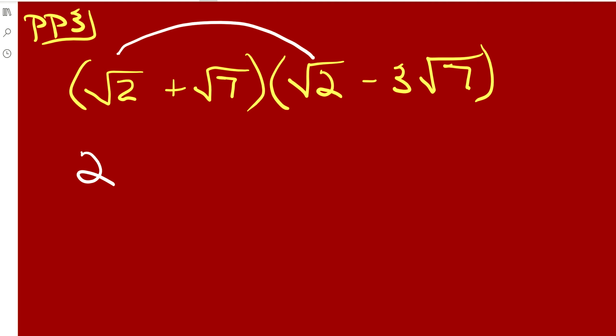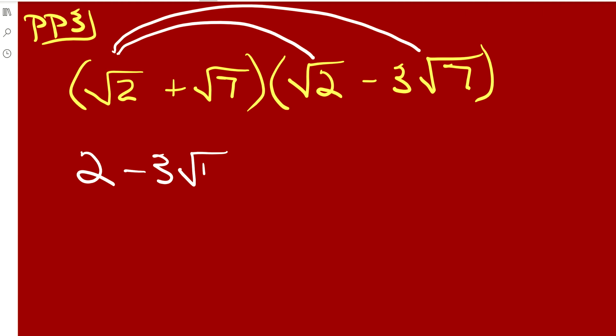And then outside is square root of 2 times negative 3 root 7. And that's going to be negative 3 root 14. And then inside here, I've got square root of 7 times the square root of 2 is positive square root of 14.